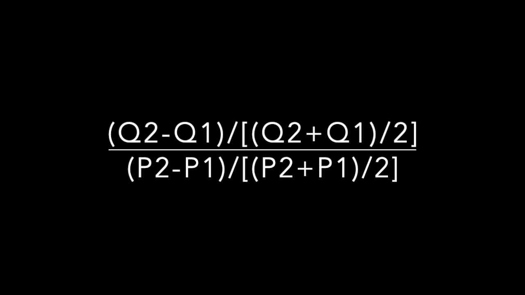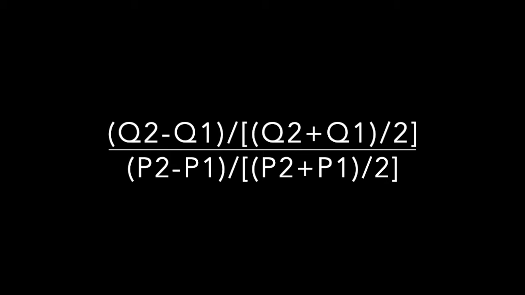Then we divide that by the quantity demanded value 2 plus the quantity demanded value 1 divided by 2. So what we're doing here is we're taking the difference between the two values by subtracting one from the other, and then that will give us the same value whether we're going up or going down.